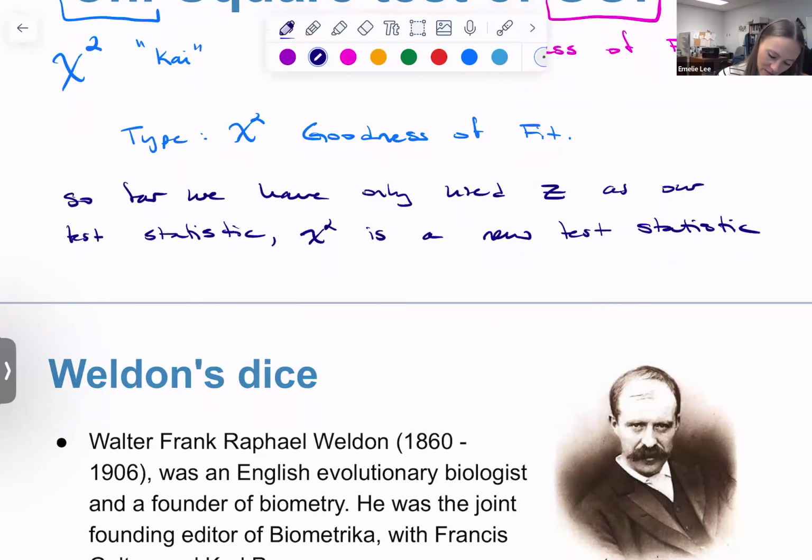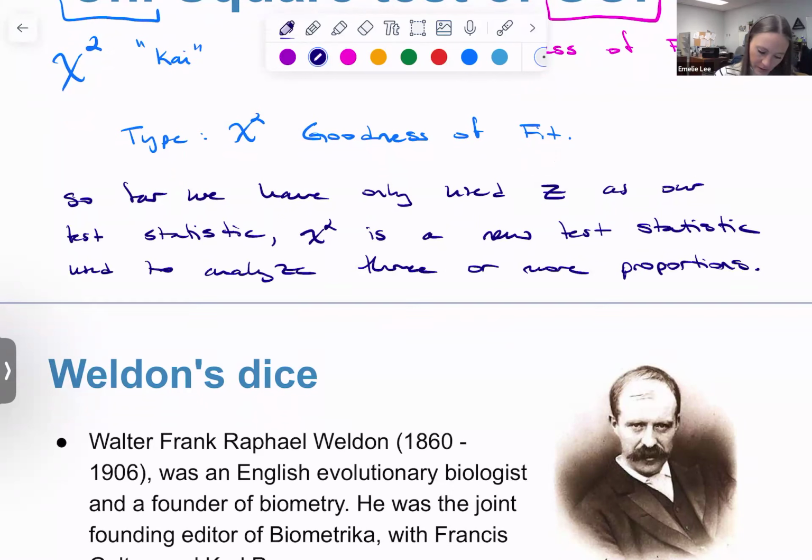So chi-squared is a new test statistic used to analyze 3 or more proportions. Okay, so now we've stepped it up.